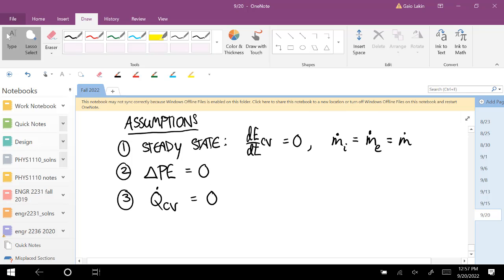And the last one is we're going to assume that changes in speed are negligible. So the change in kinetic energy we can ignore.